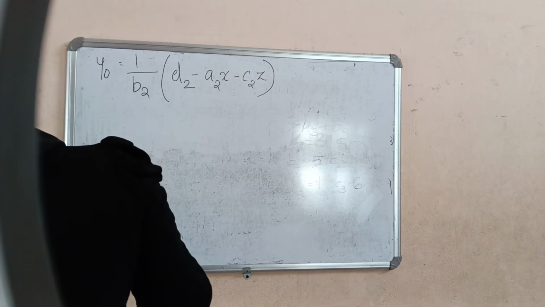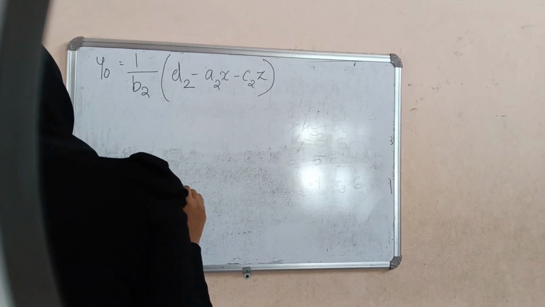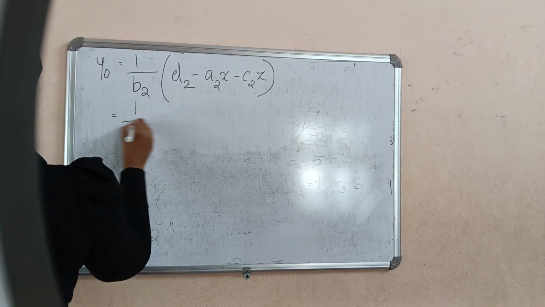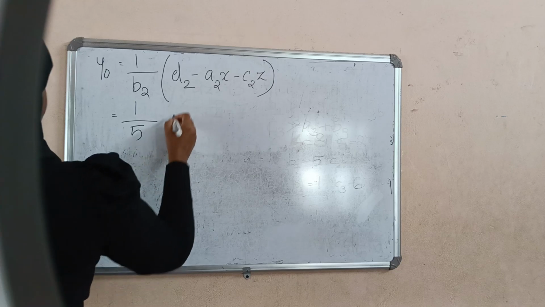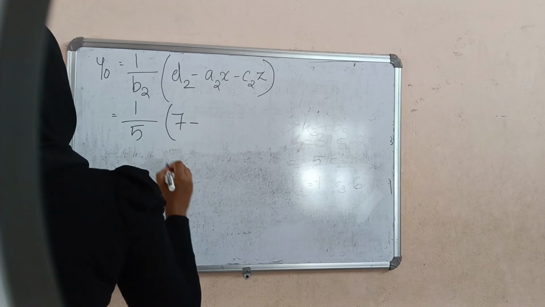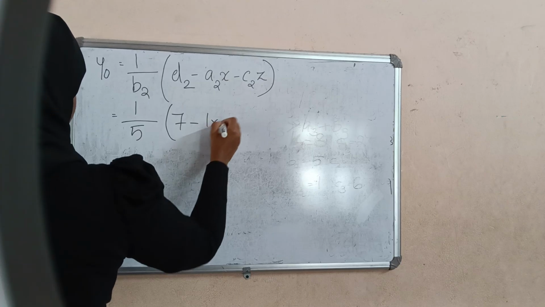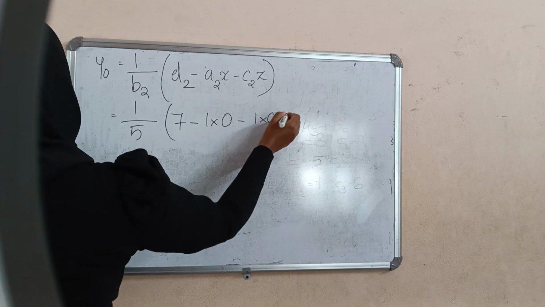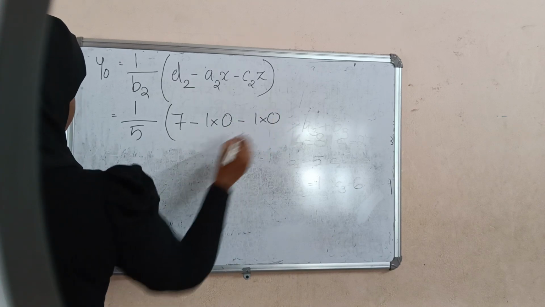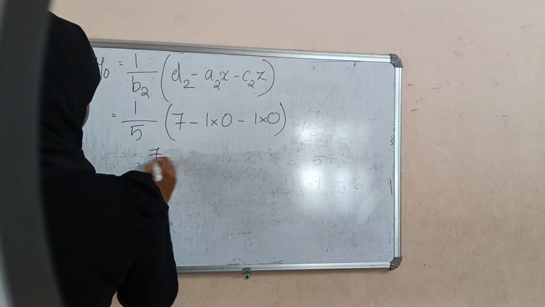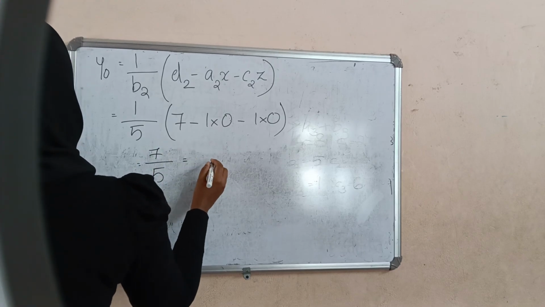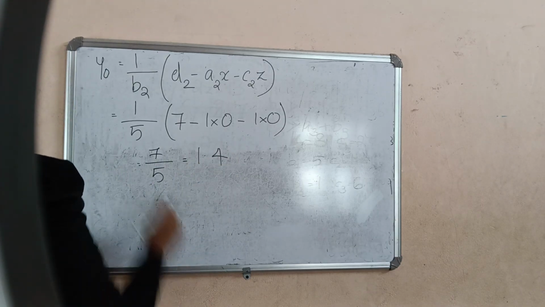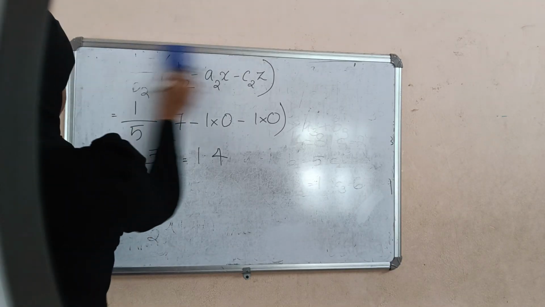So what would we get? It is 1 by 5 into 7 minus 1 into 0 and minus again 1 into 0. So this would be 7 by 5, which is equal to 1.4. Y0 value is 1.4.